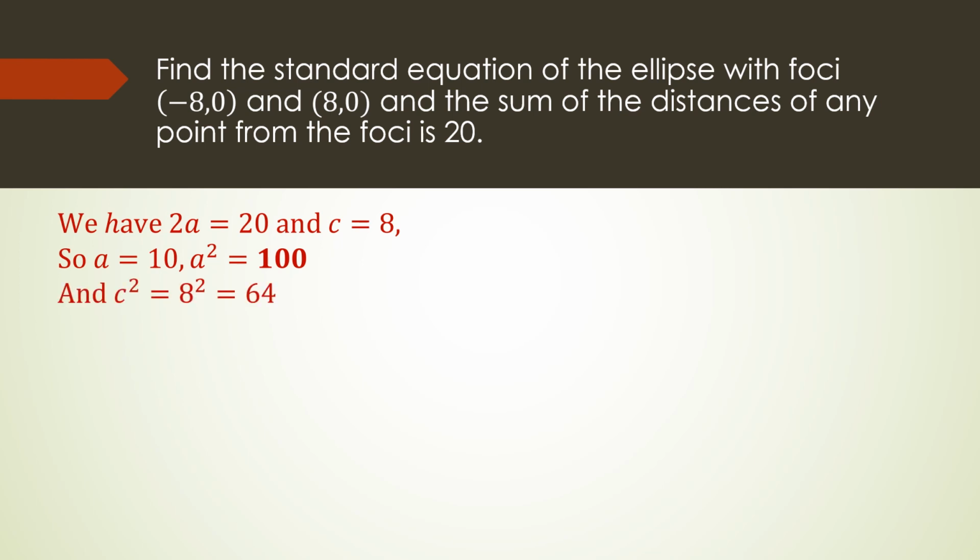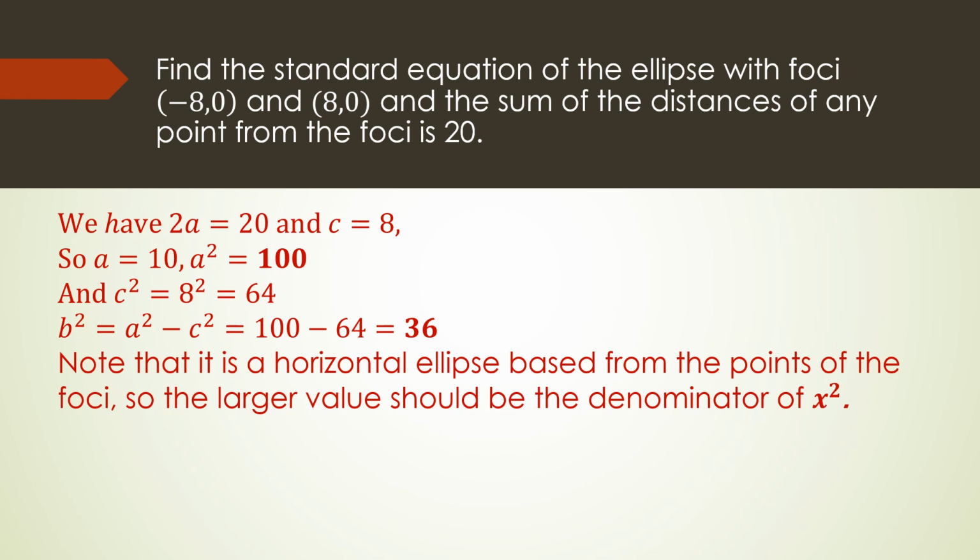To find the value of b squared, we will use the formula. So b squared is equal to a squared minus c squared, and that is 100 minus 64, which is 36. So next step, we can see that this is a horizontal ellipse based on the points of the foci.